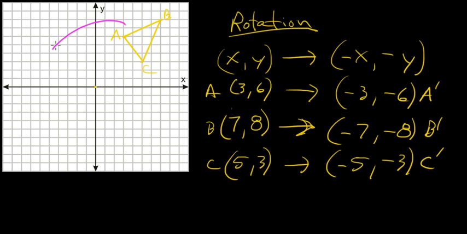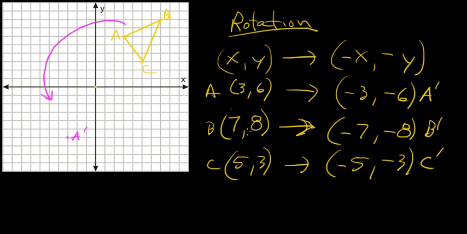We're going to rotate this 180 degrees. So let's see what we end up with. Negative 3, negative 6: 1, 2, 3 and 1, 2, 3, 4, 5, 6. That is A prime.